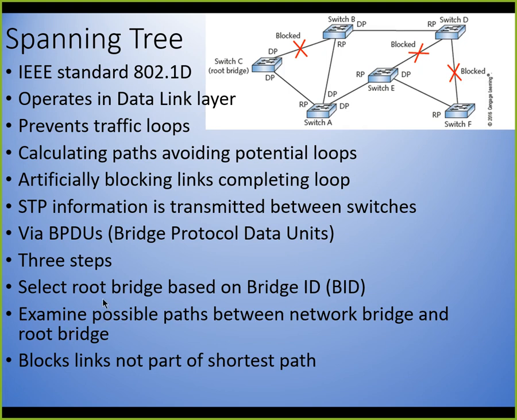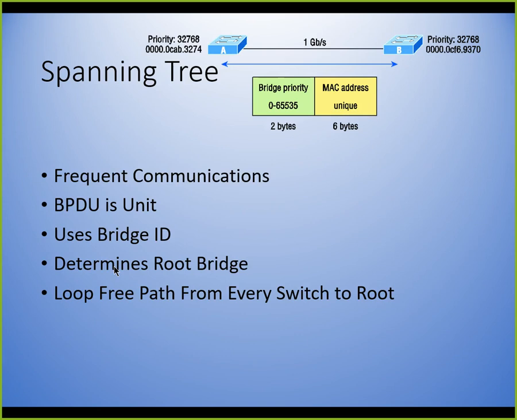And again, it takes, obviously, in the networking world, 50 seconds, almost a minute, is an eternity. And there are other ways to do that. We have a rapid spanning tree protocol which works much, much quicker. But now that we've gone through all of my hopefully not extremely confusing explanation, we have the bridge priority 0 to 65,535.